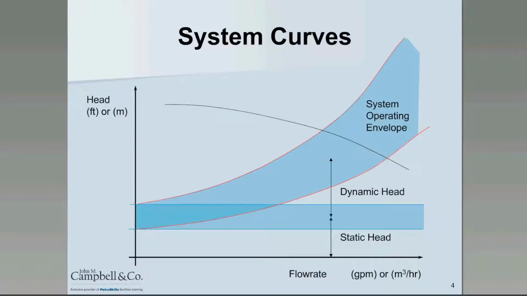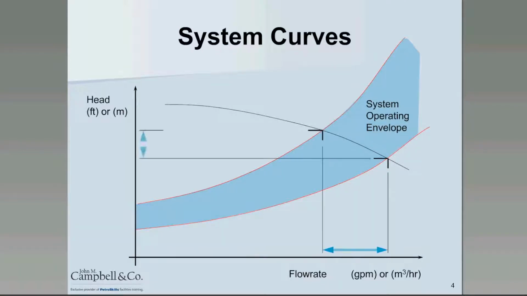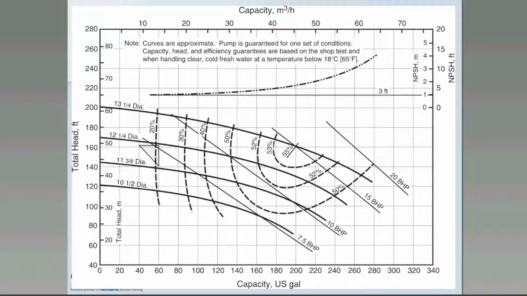And here you can see that that infers that we would operate over a range of conditions. And obviously that means different loads on our pump. This chart shows a vendor's typical pump curve. The chart illustrates performance not just for a single impeller, but for multiple different sizes of impellers, as you can see over here.